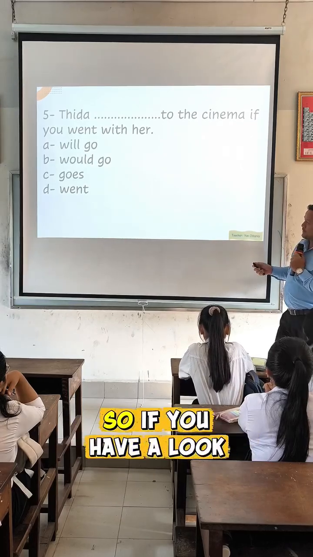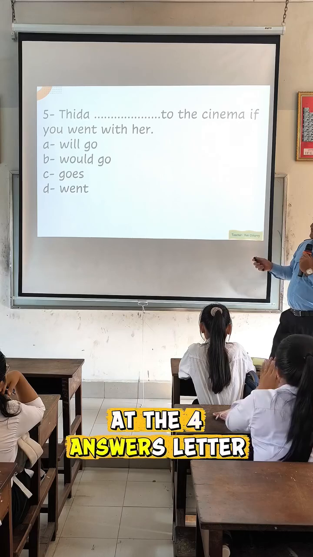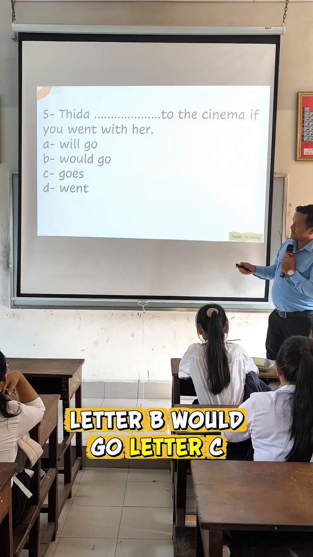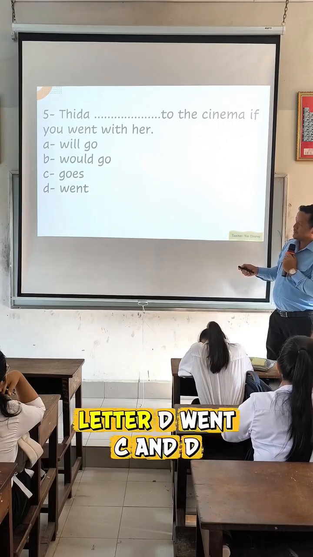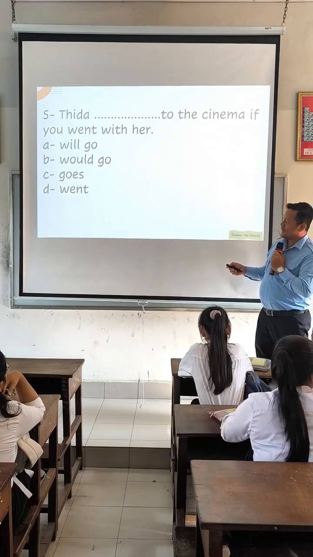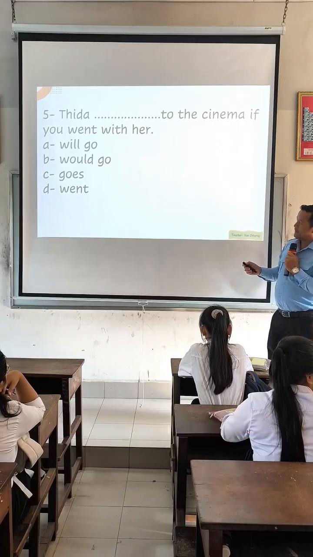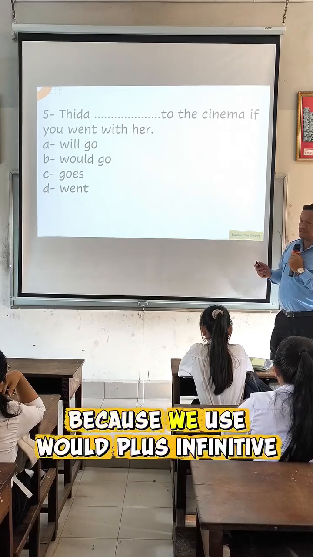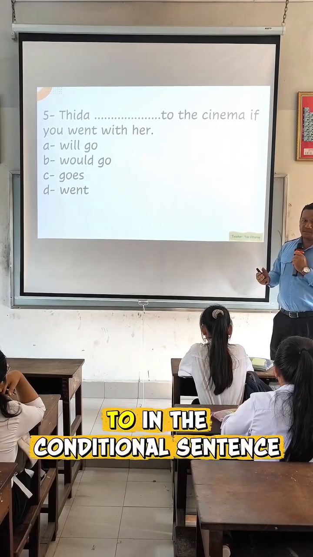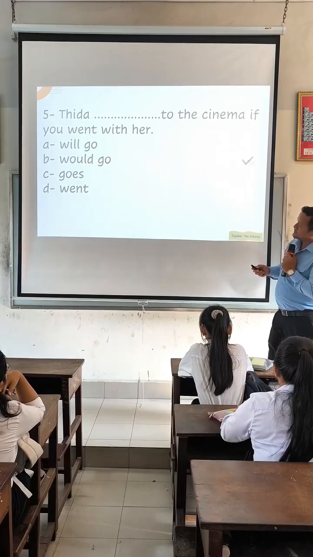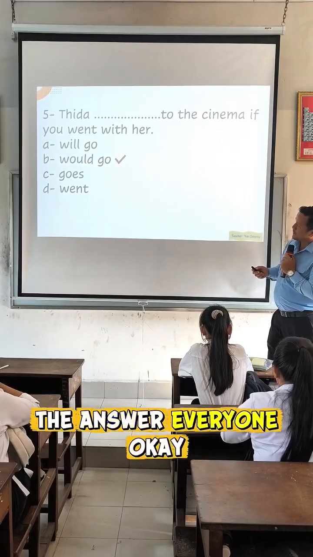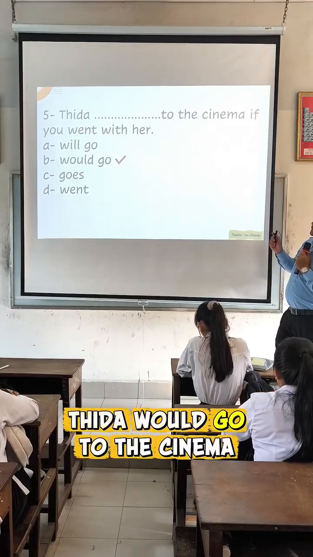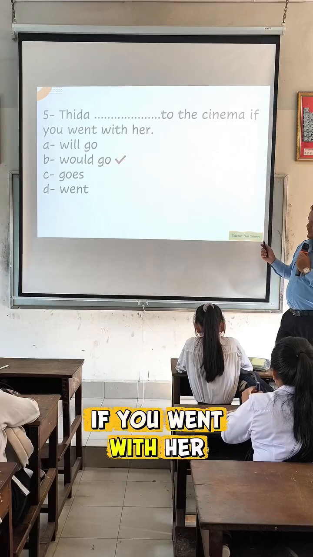If you have a look at the 4 answers: letter A, will go; letter B, would go; letter C, goes; letter D, went. C and D are impossible, but letter B is the correct answer because we use would plus infinitive in the conditional sentence. Let me read it again: Tida would go to the cinema if you went with her.